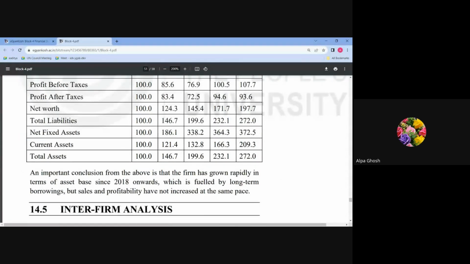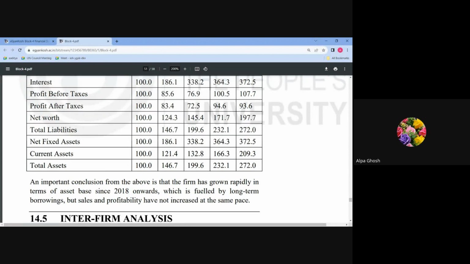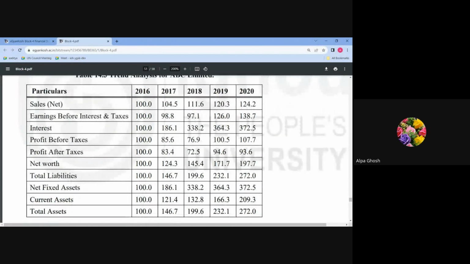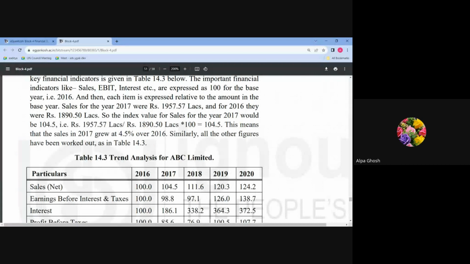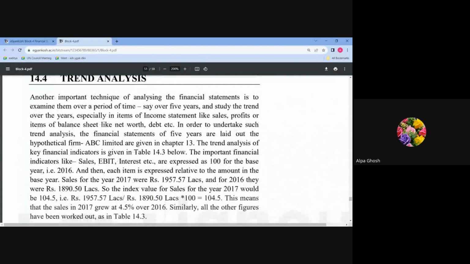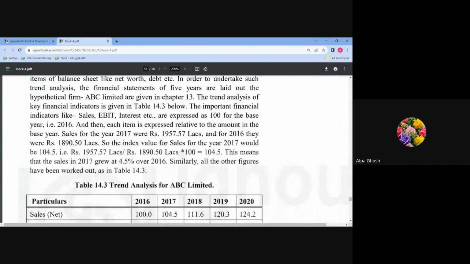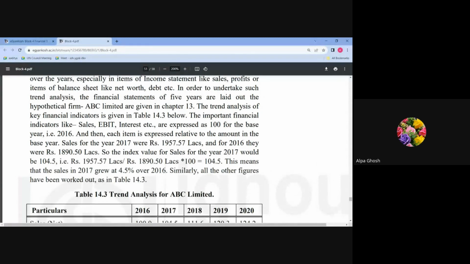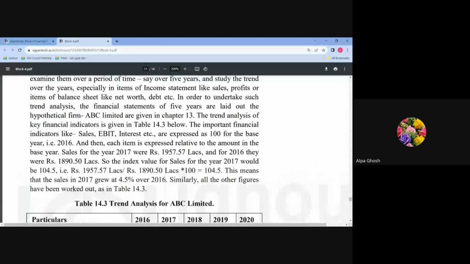So now what we do, we try to find out one base year. What is the base year? Suppose from these, you take the base year as 2016. The base year will be 100 because this is the base year.